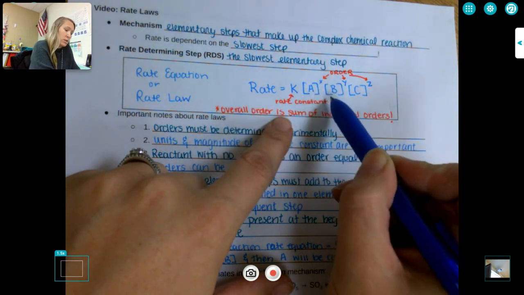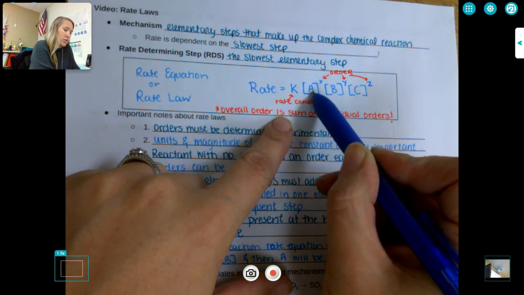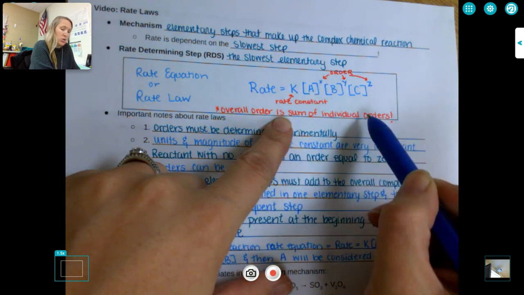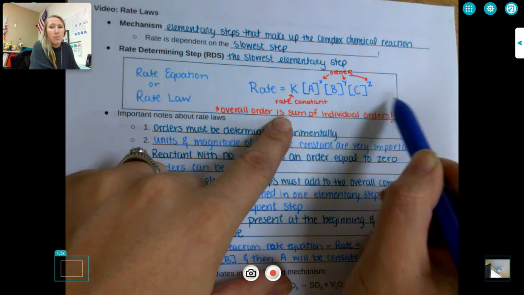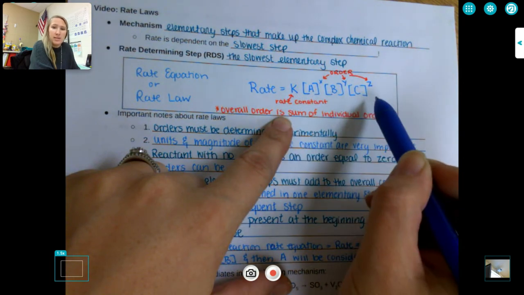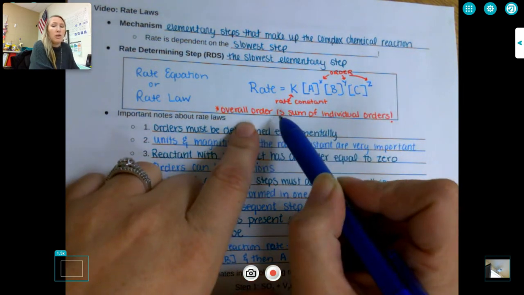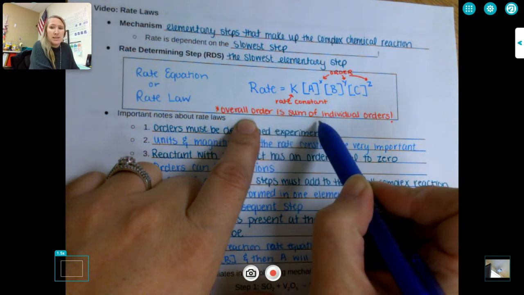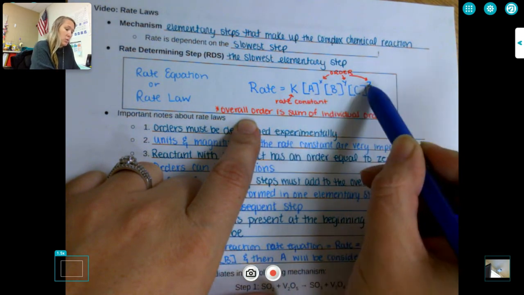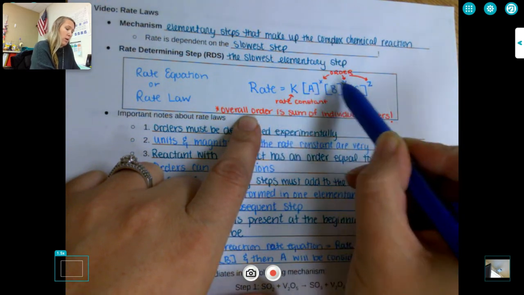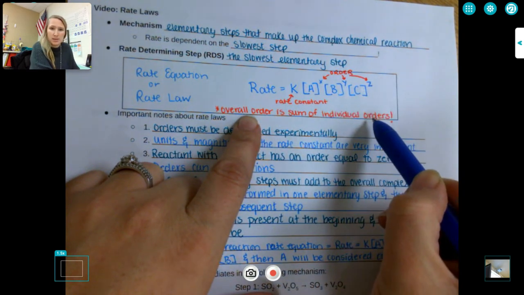We get different orders. So we have our concentration of our reactant raised to an order. And depending upon how many reactants we have, we'll have more or less listed in our rate law. The overall order is the sum of the individual orders. So that means that if this was a 1, a 2, and a 3, my overall order would be 1 plus 2 plus 3, which would be 6.